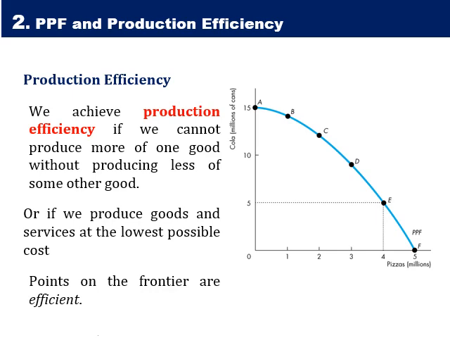So, as we have just explained, this could only happen on the points on the PPF itself. For example, assume that the society currently operates at point B. This means that we produce 1 million pizza and 14 million cans of cola.